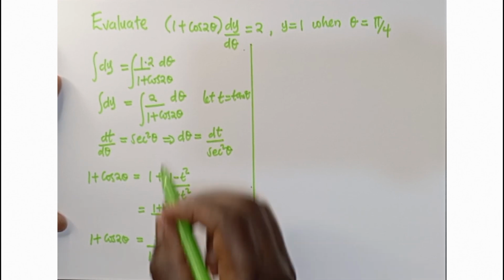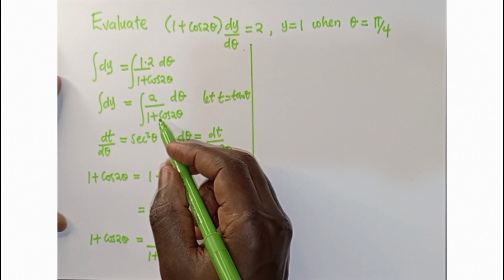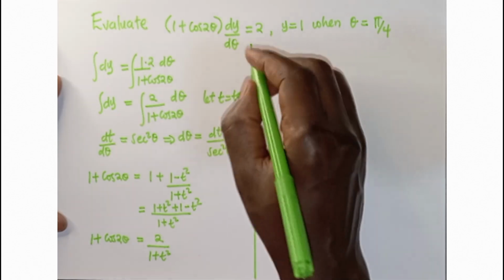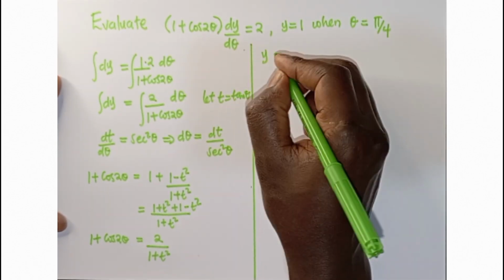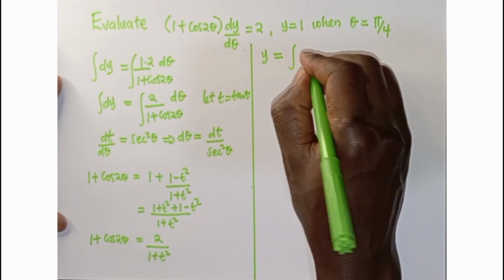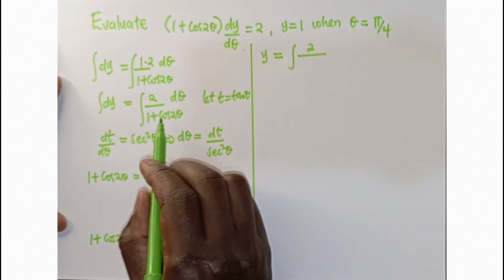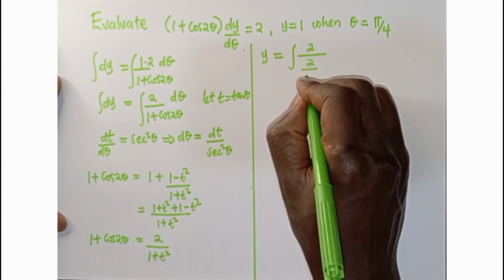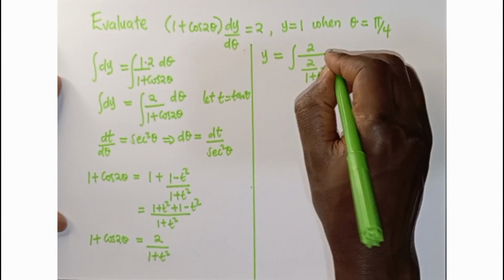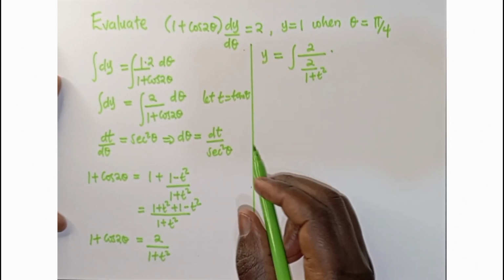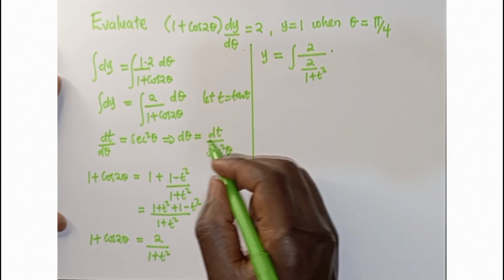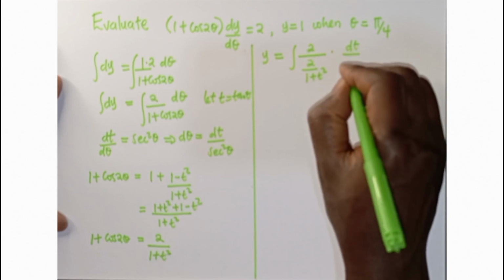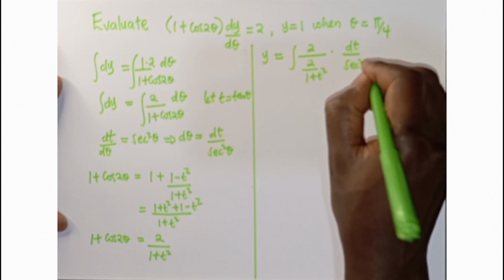Now this is what we are going to substitute here. So taking it back, when we integrate, we are going to have y. So we shall have y is equal to the integral of 2 over 2 over 1 plus t square, then times, when we put back our d theta, dt over sec square theta.